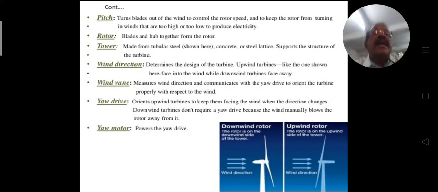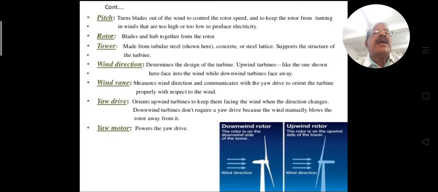And here the pitch system turns blades out of the wind to control the rotor speed and to keep the rotor from turning in winds that are too high or too low to produce electricity. Next one is the rotor. The blades and hub together form the rotor.